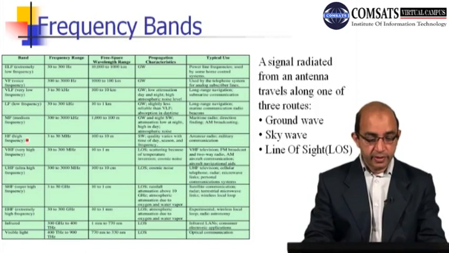So you can have an idea. Here we have the infrared frequency range, 300 gigahertz to 400 terahertz, and you can see the frequency is higher and the wavelength is very short, 1 millimeter to 770 nanometers. Line of sight communication, right?